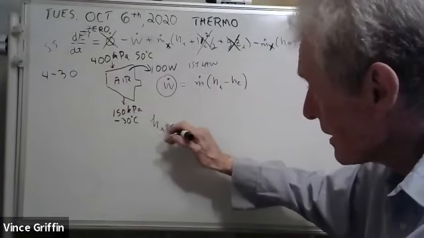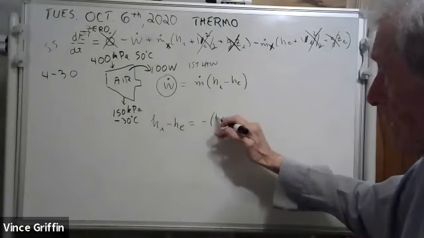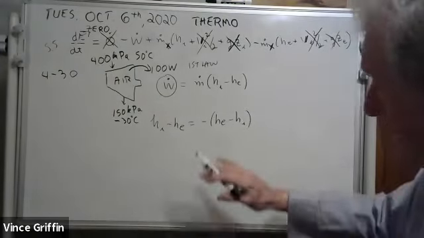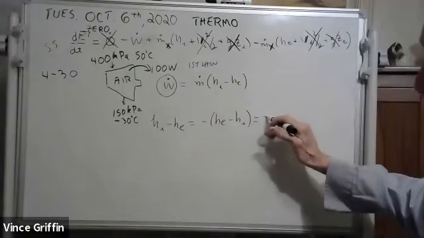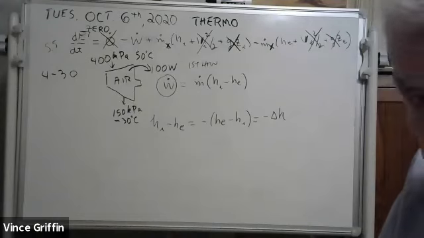hi minus he, that's the negative of he minus hi. And you know what that is? That's just delta h, huh? And we got an equation for that.